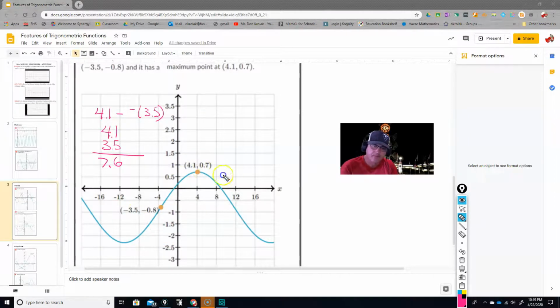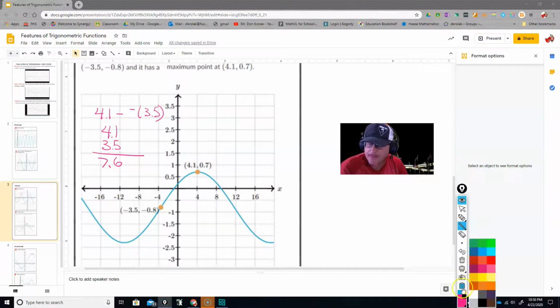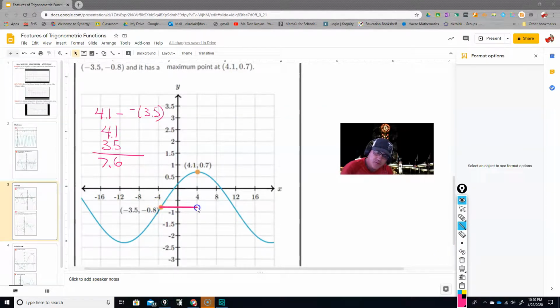All right. So that is going to be 1/4 of the period of this. Okay, so if I was going to draw that on here, from this point to this point, that's 7.6.